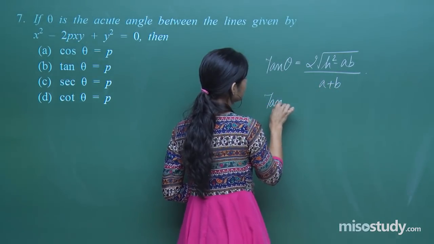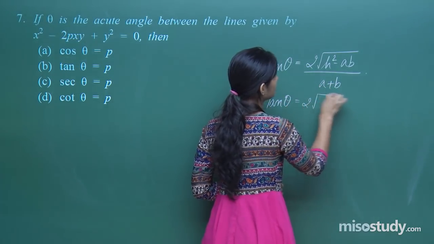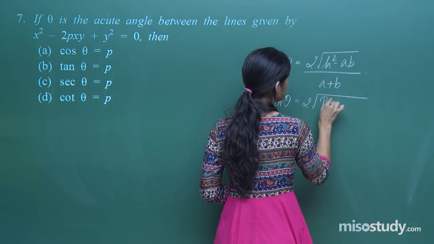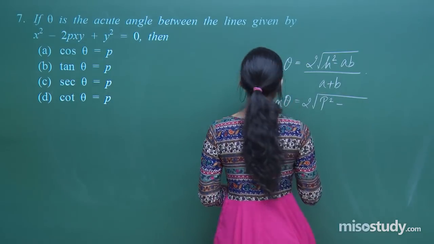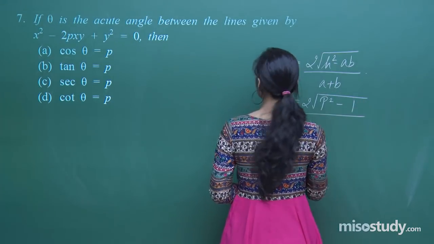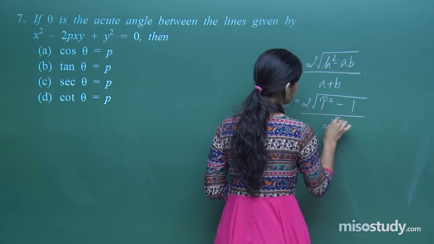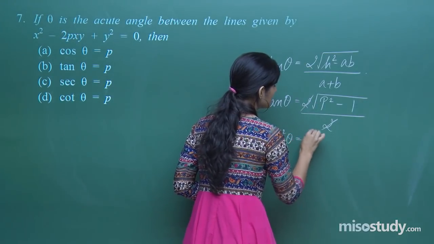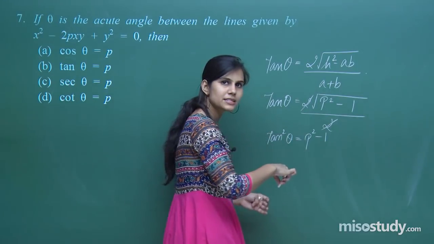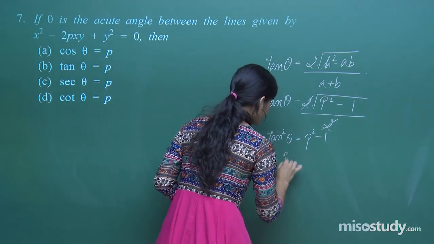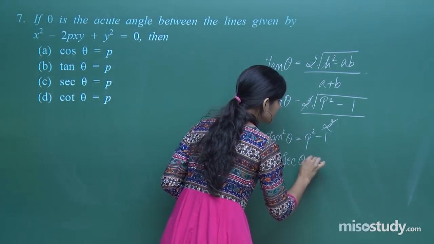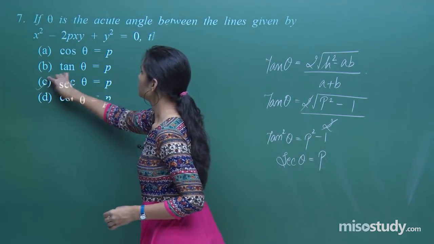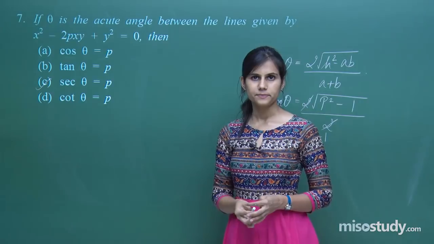So h square, which is minus p whole square, minus a into b, 1 into 1, upon a plus b, 1 plus 1. So you get tan square theta equals p square minus 1, or 1 plus tan square theta is p square, or sec square theta is p square, or sec theta is p, and that's how easily you get option number C as the correct one.